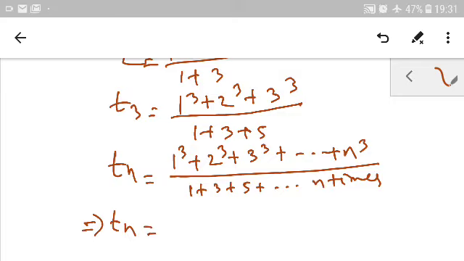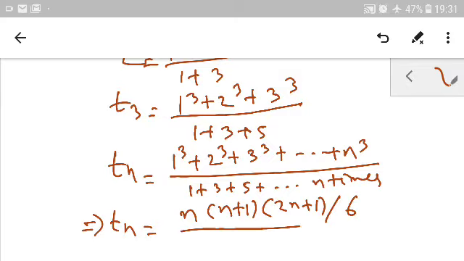Now let me simplify Tn. The formula above we know, that is n into n plus 1 whole into 2n plus 1 divided by 6. Now here the denominator is an AP. So the AP sum formula, the sum of AP, will be n by 2 whole into 2a, that is 1, plus n minus 1 into d, which is 2.